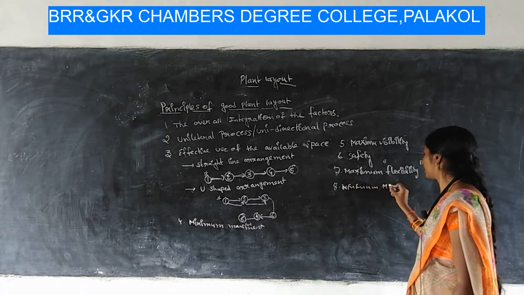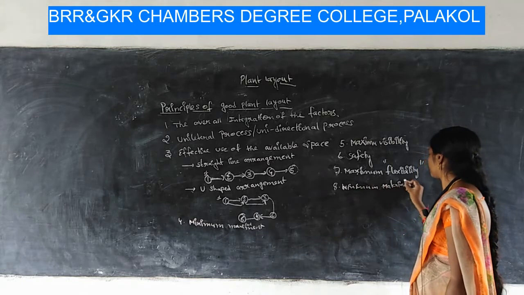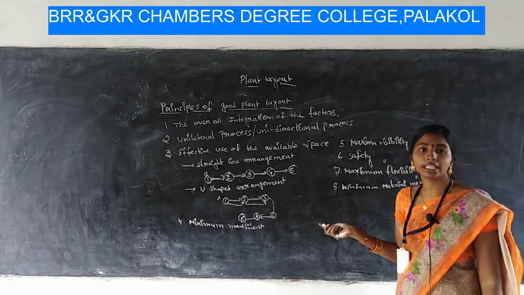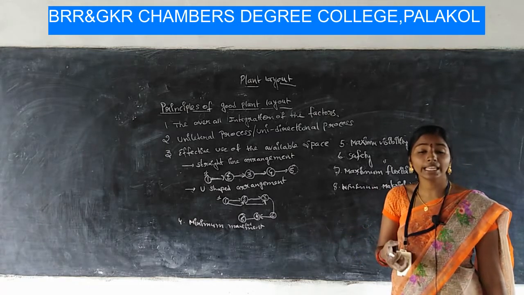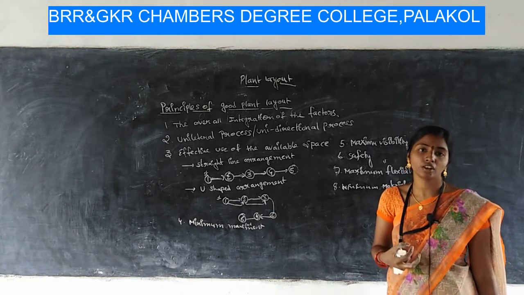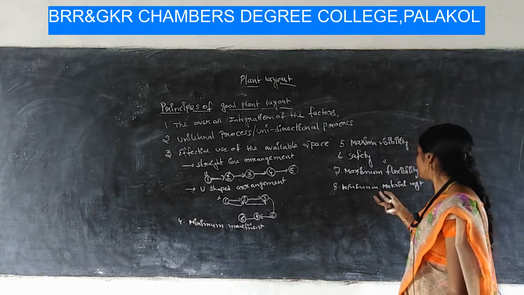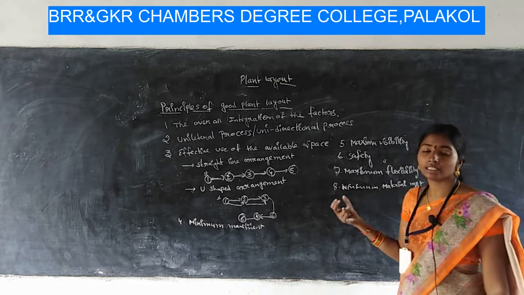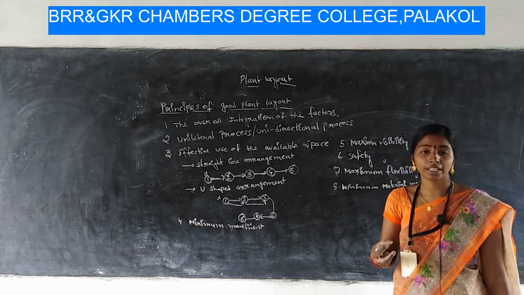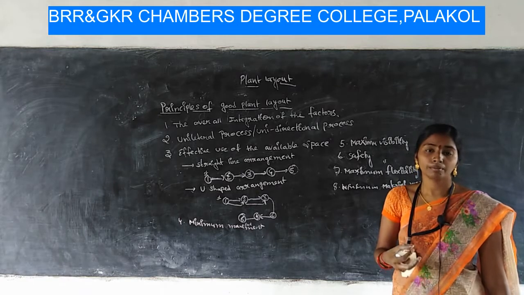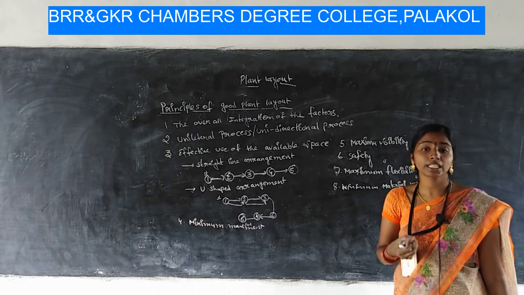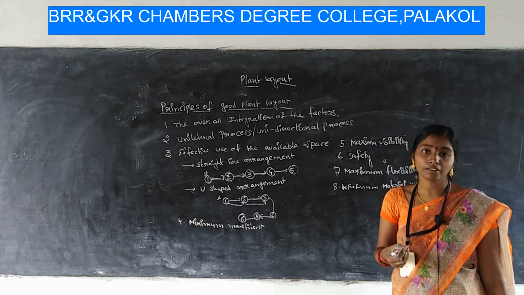Minimum material management. So already I told you in the first session, material management is nothing but planning and controlling and maintaining the materials, which means raw materials that are required for the organization. So minimum maintenance of material is required, which means we order raw materials and keep them in the storage, but we are not producing anything, which means we are not utilizing the production capacity at the level which we want.